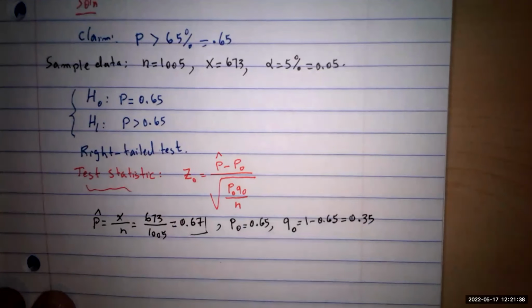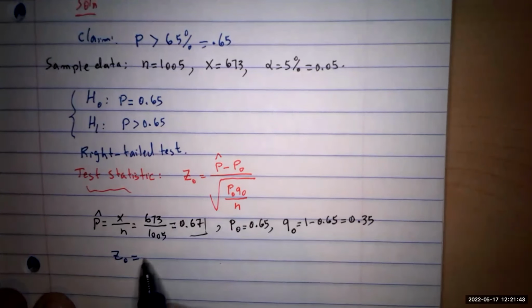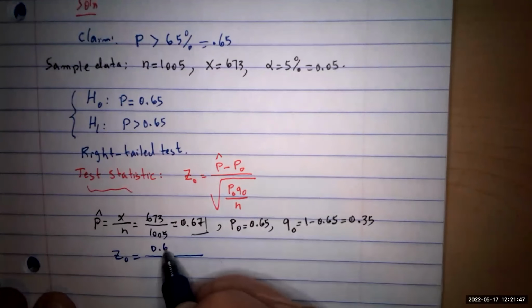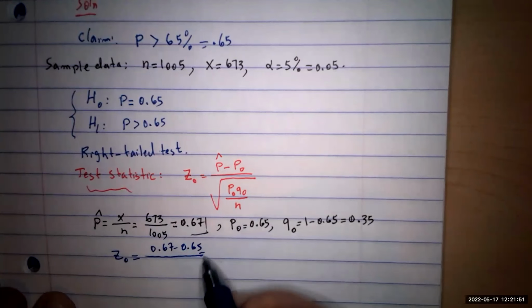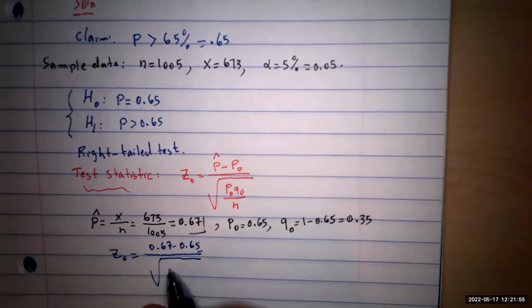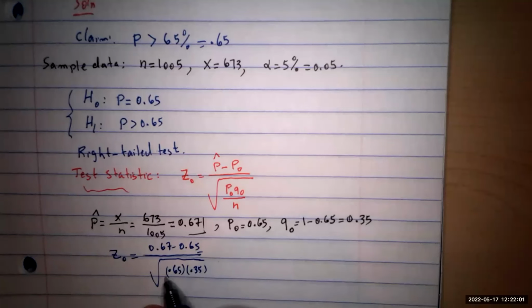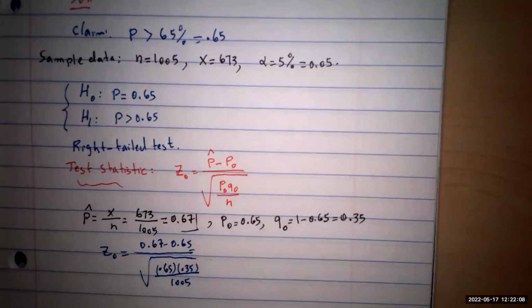So we go to the formula and substitute to get Z. Z naught is P hat of 0.67 minus P0 of 0.65, and at the bottom you have P0 0.65 times 0.35, divided by N, which is 1,005, everything inside the radical, remember.